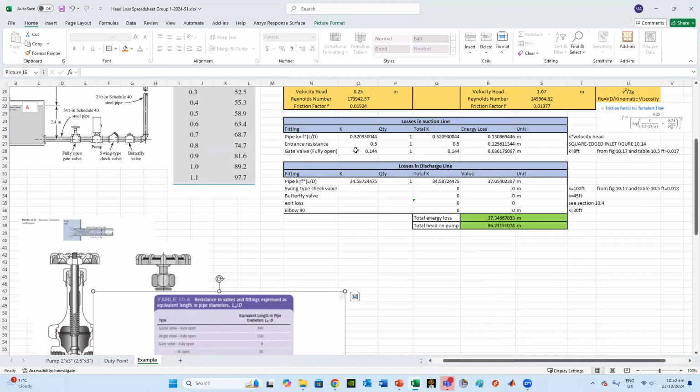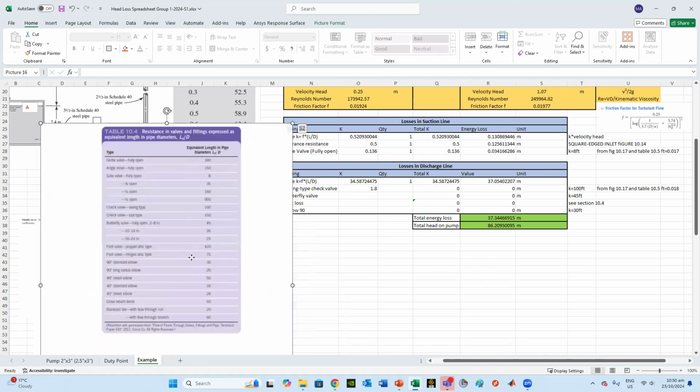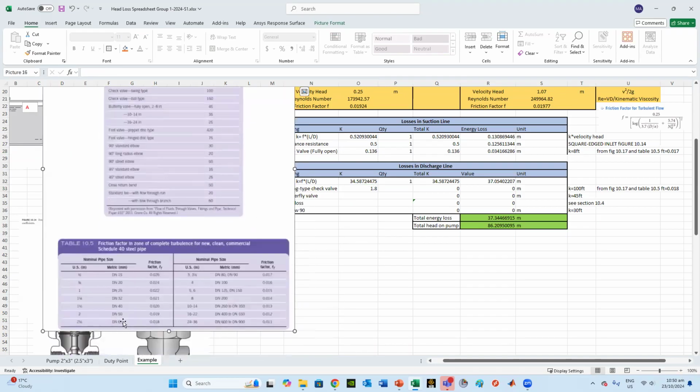See how nicely this corrects: I come here to this value, I say this should be 7, and then automatically it updates everything for me. So it's 100 times 0.018. I found by mistake that I took this as the suction line, but actually this is the discharge line.